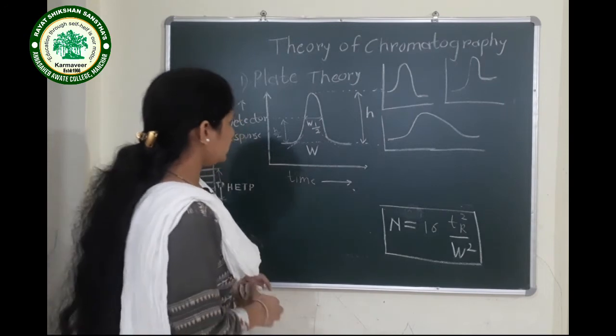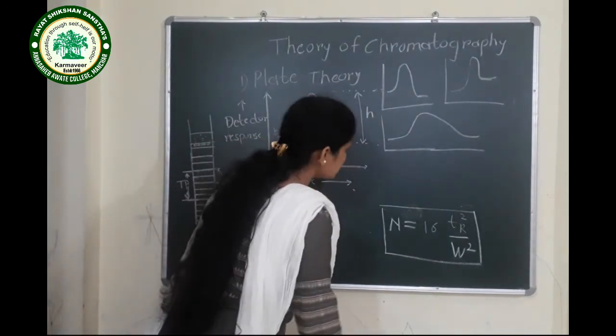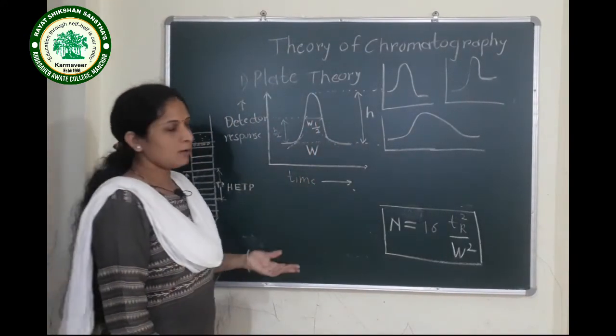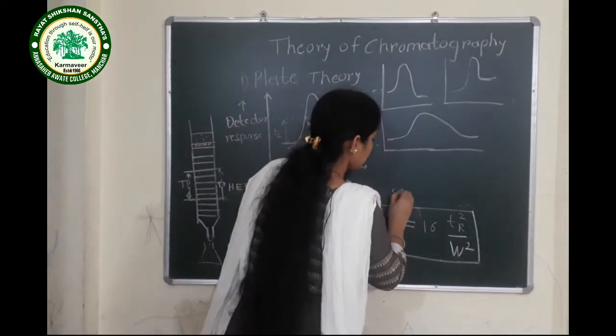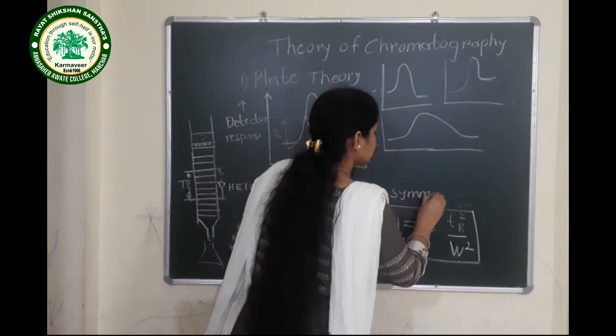Now the equation is changed for the unsymmetrical peaks and the broad peaks. This equation is for the symmetrical peak.